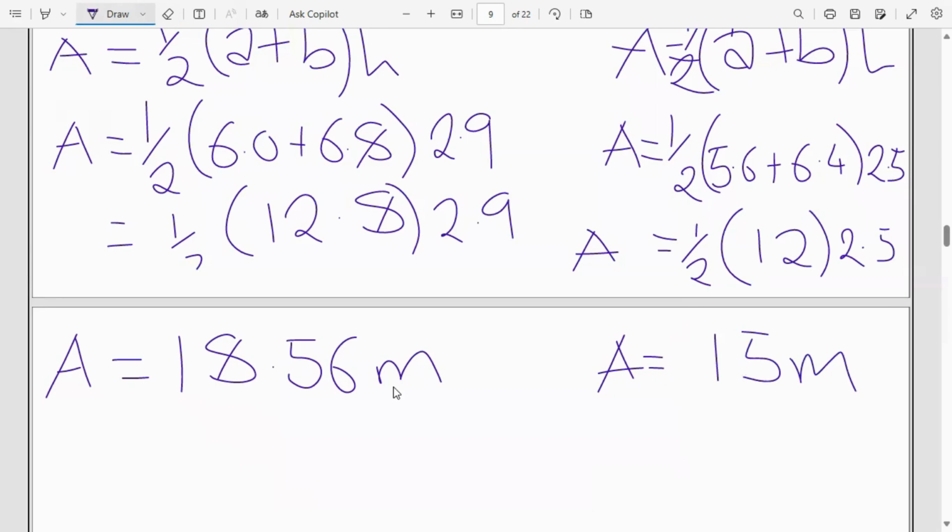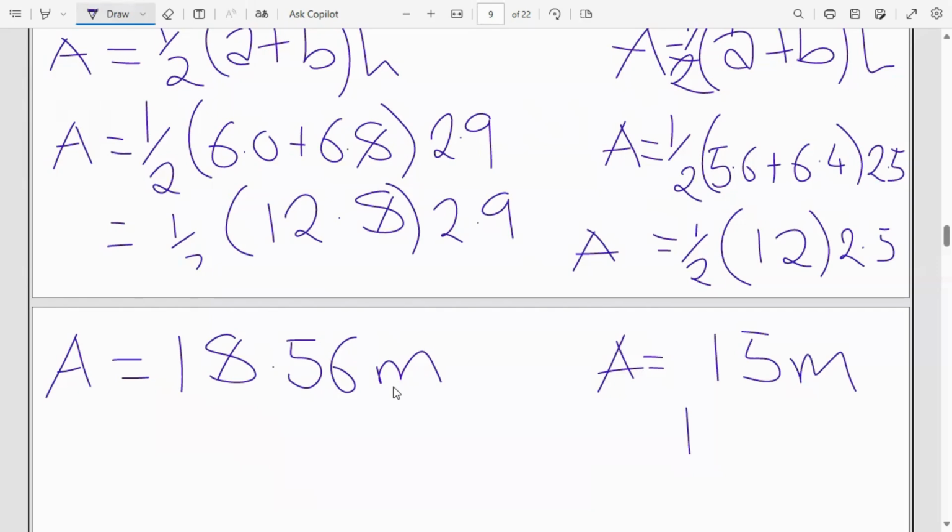So how are we going to find the distance between these two? We're supposed to subtract the two distances. But remember, the mouse was already 7.53 meters in front of the cat. So we're going to add that 7.53 meters to the distance traveled by the mouse.